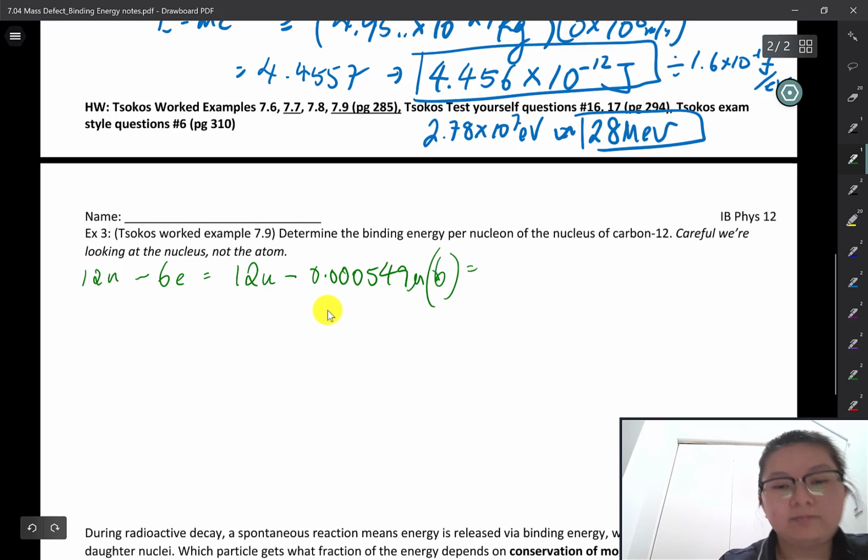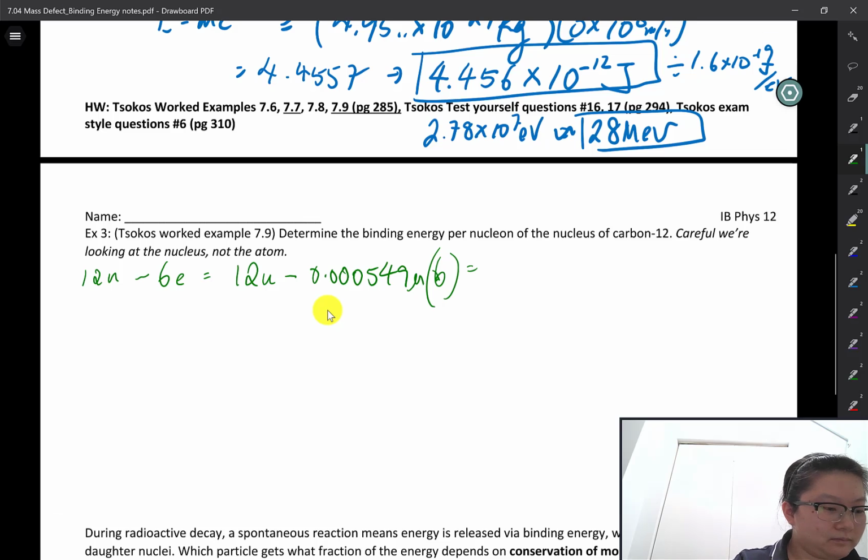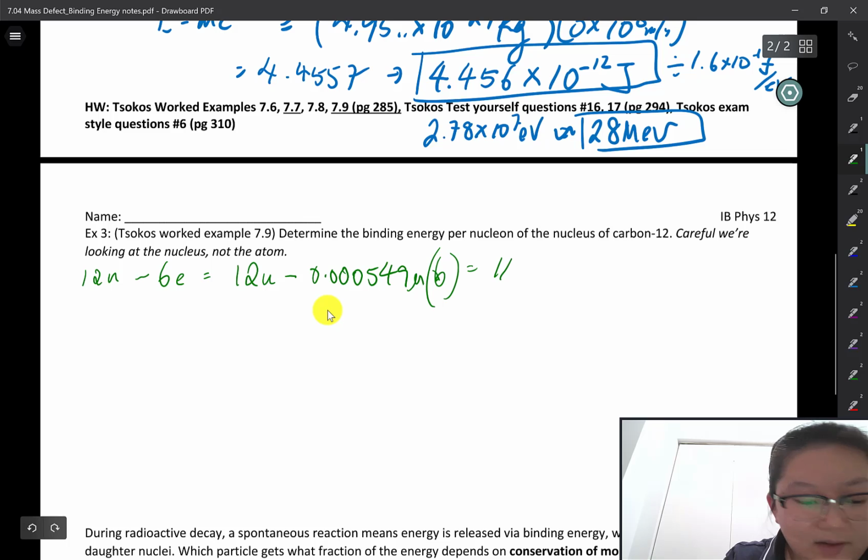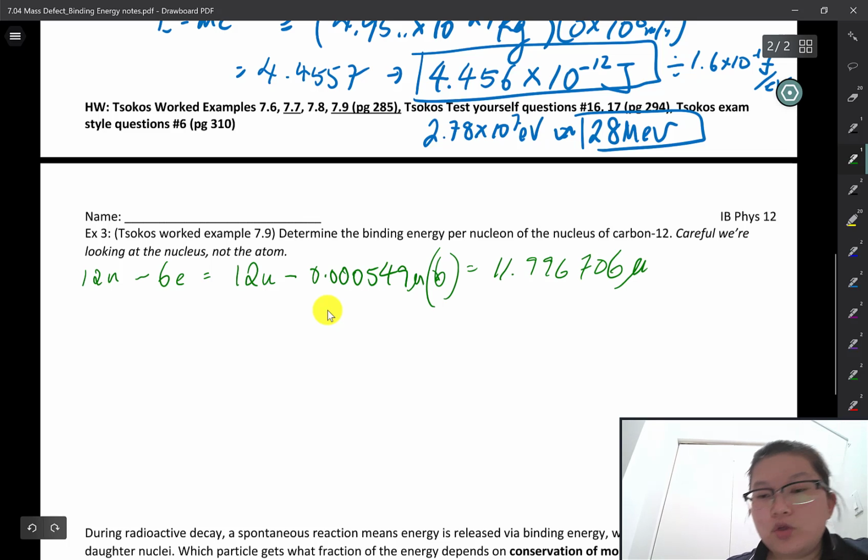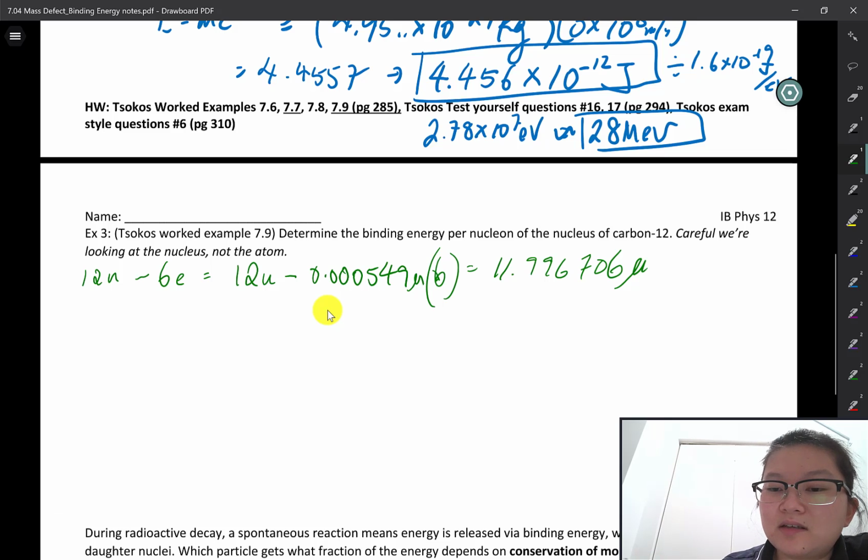That gives 11.996706 u, atomic mass units. First of all, we want to figure out this number.